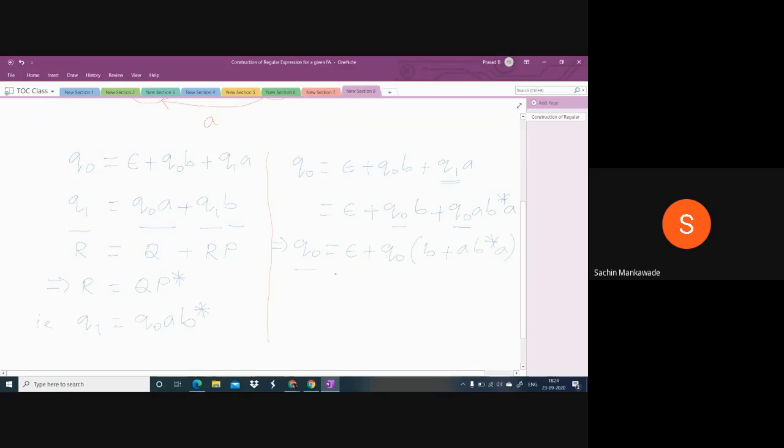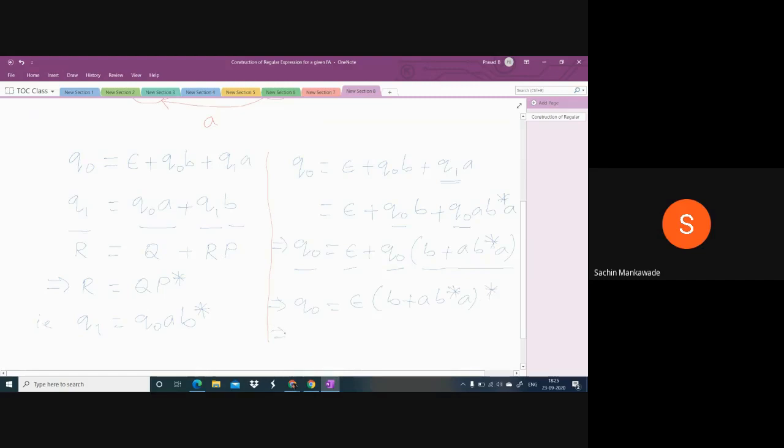Now this is R, this is Q, and this and this both are the same, so R equals Q plus RP, where this whole is P. R equals Q plus RP implies R equals Q followed by P star. What is P? B plus AB star A, so P star is B plus AB star A whole star.